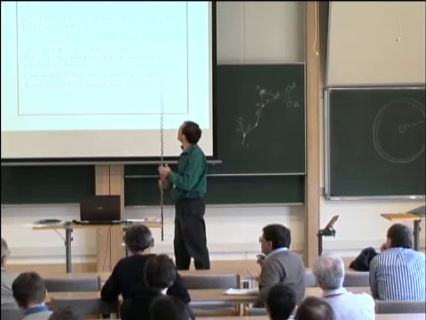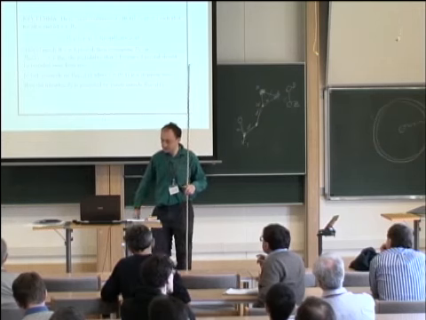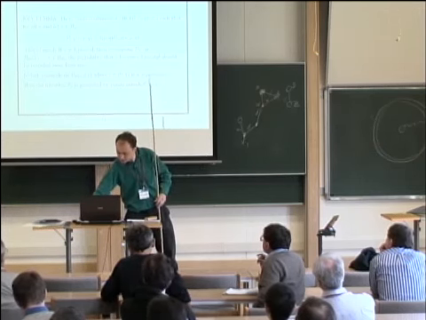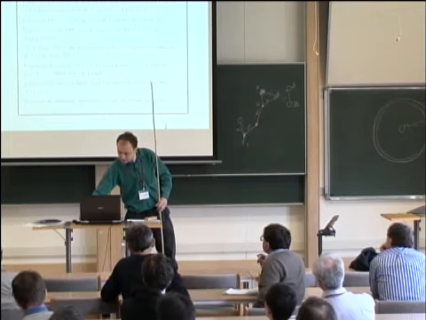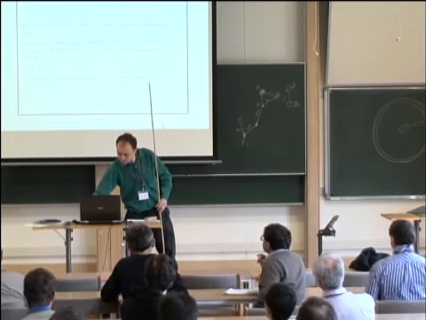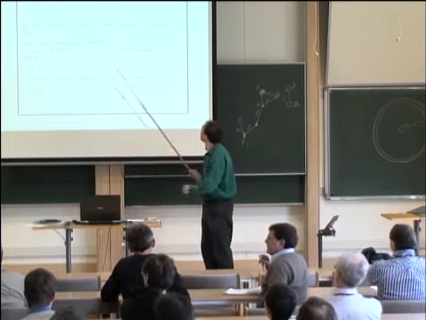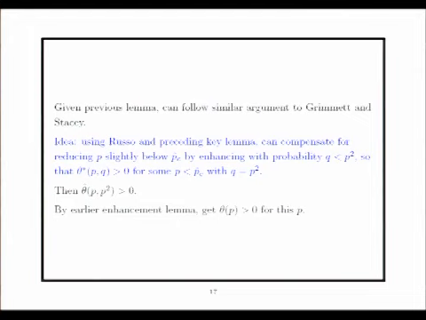That bit of discussion is needed in the proof, but if we accept that bit of the argument, then we can follow a similar argument to what was contained in Grimmett and Stacey.